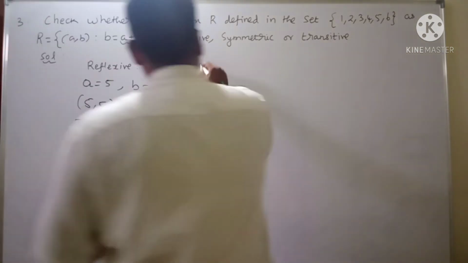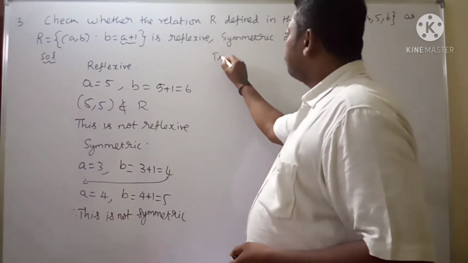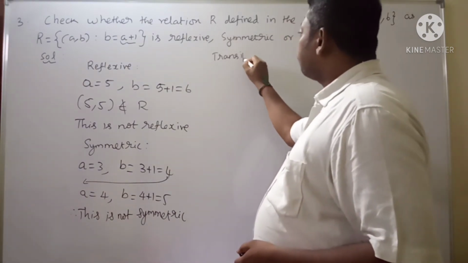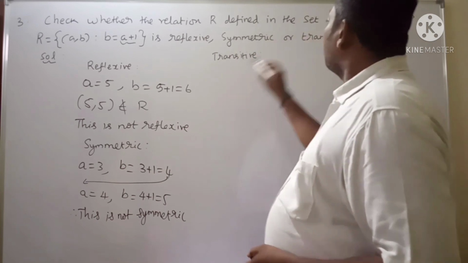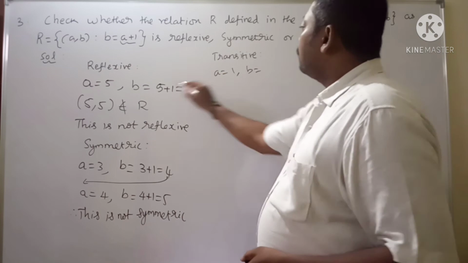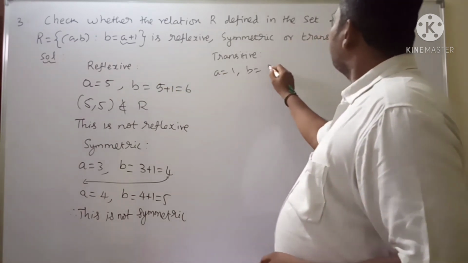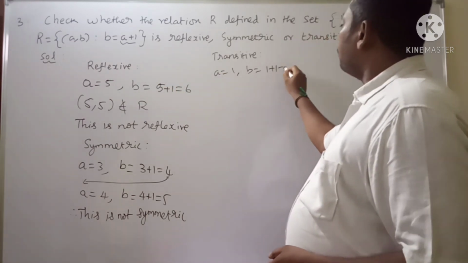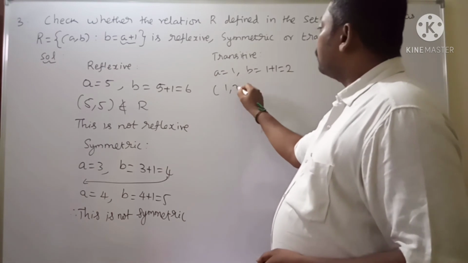Now let's check for transitive. Let's substitute a = 1. Then b = 1 + 1 = 2. So (1, 2).